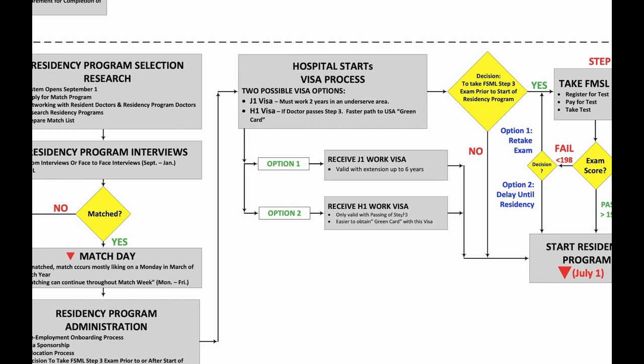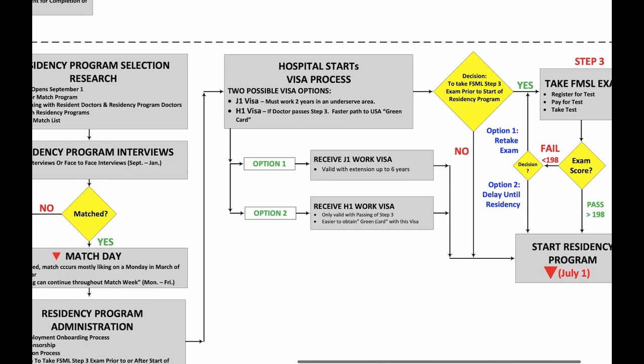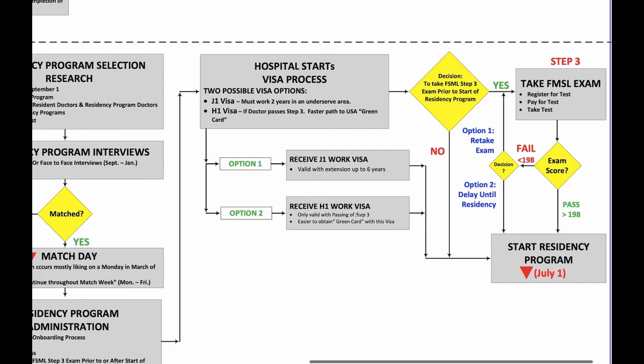If you want the H1, normally H1B, you will need to take a specific test, which is the Step 3. Ideally, if you're an international medical graduate, you want to have this exam before the start of your residency.